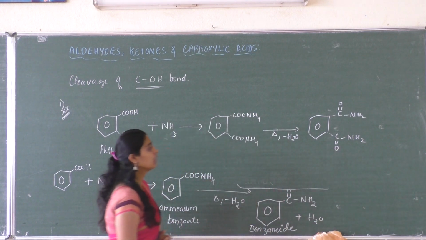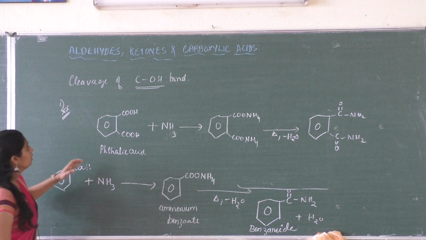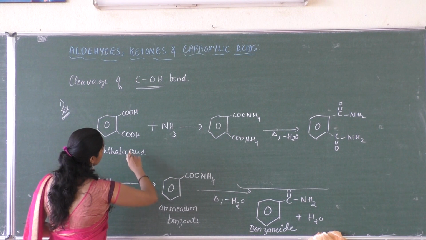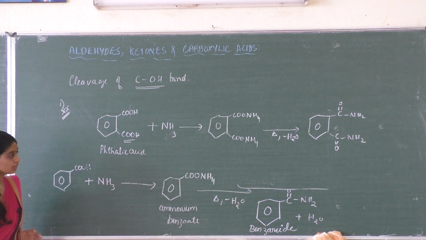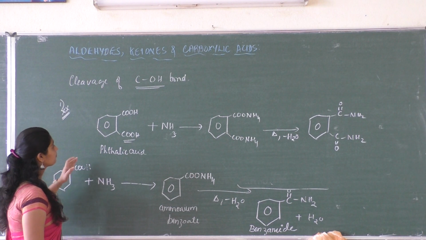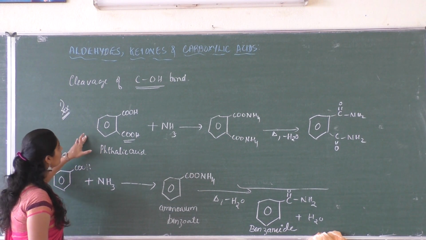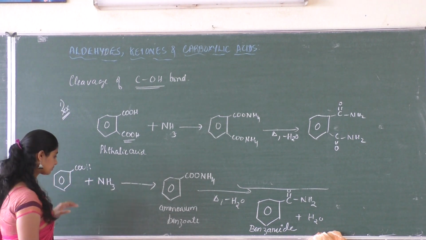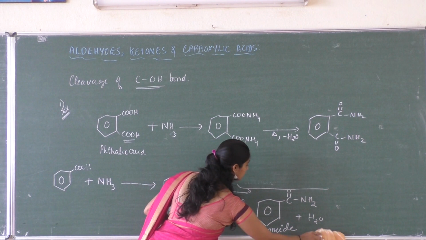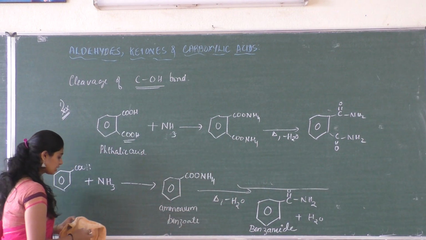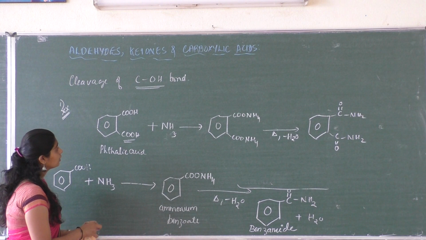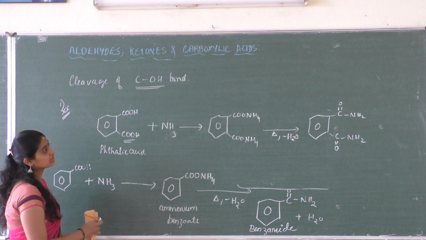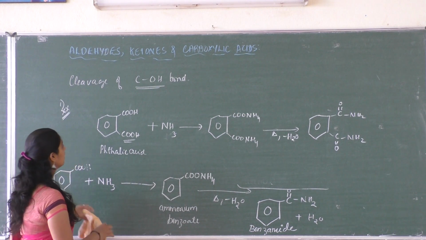So this is how the reaction goes. Here the water molecule gets eliminated between the carbon and oxygen. So this is about the reaction of carboxylic acid with ammonia. So next let us see the reaction of thionyl chloride, phosphorus pentachloride and phosphorus trichloride with the carboxylic acid.